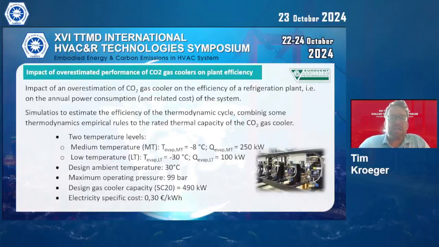As you can see here, this is the typical medium temperature and low temperature split, 250 kilowatts on the medium temperature, 100 kilowatts refrigeration capacity on the low side. So this is a big consumer market in Germany, one of these big supermarkets of, let's say, 3,000 to 5,000 square meters. As you can see here, we have other design parameters, ambient temperature, and so forth.